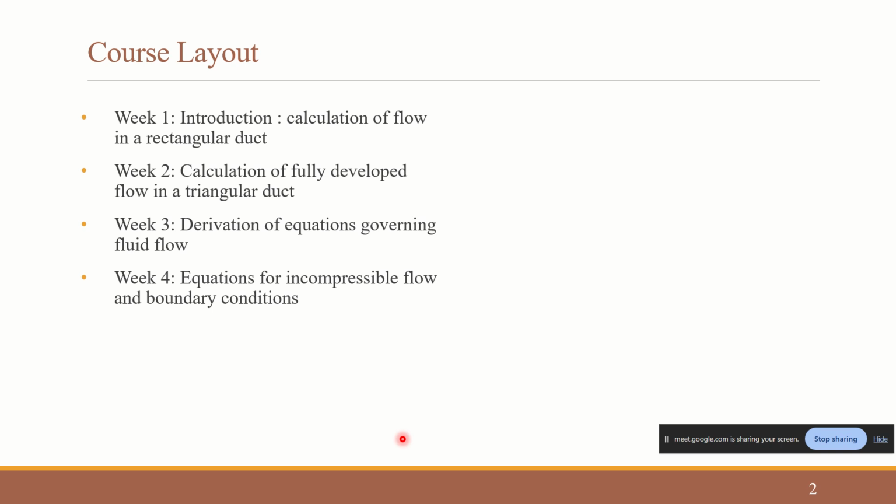Also, when we solve the system of equations, we apply certain boundary conditions. For example, in fluid flow in a pipe, we give the inlet velocity, or if you are heating a rod, we give the source information at one end.